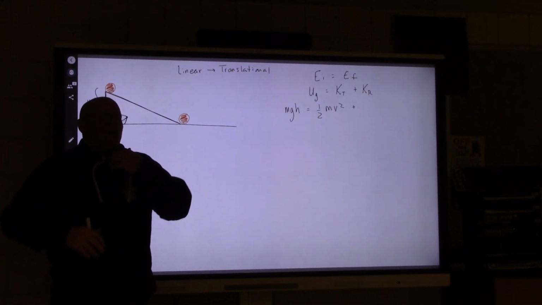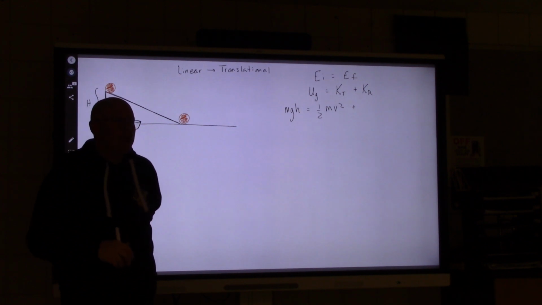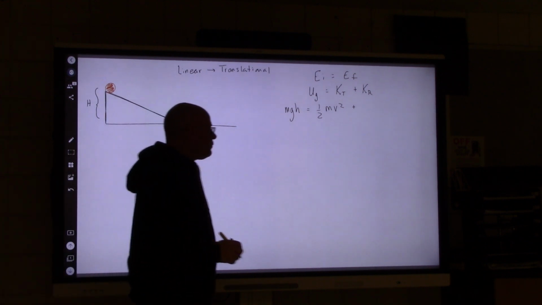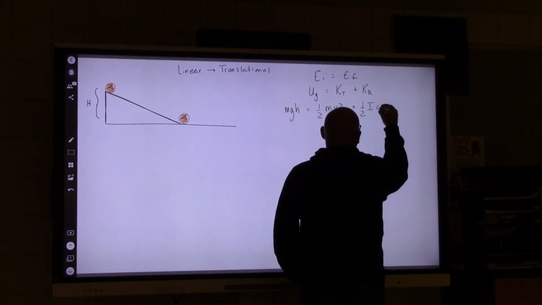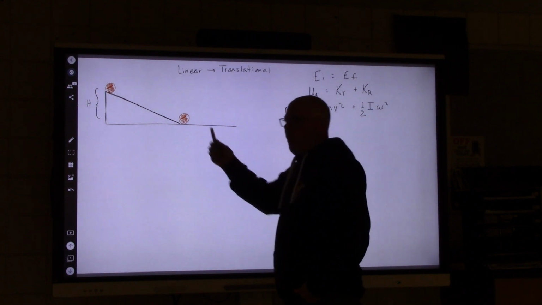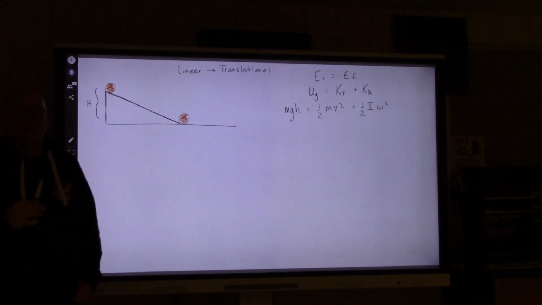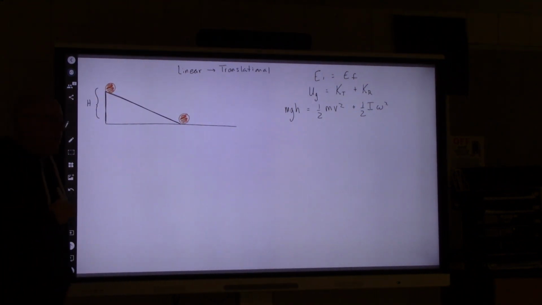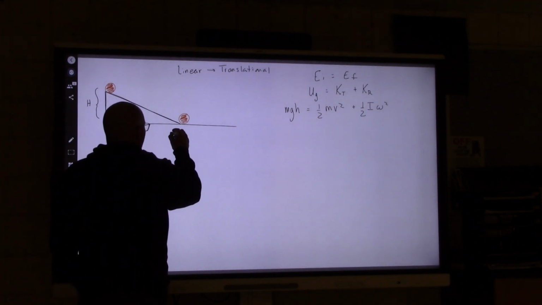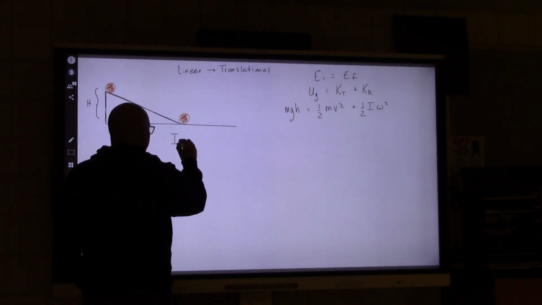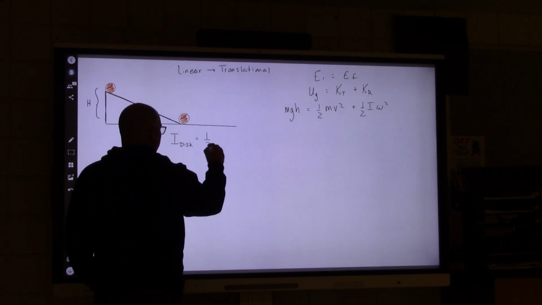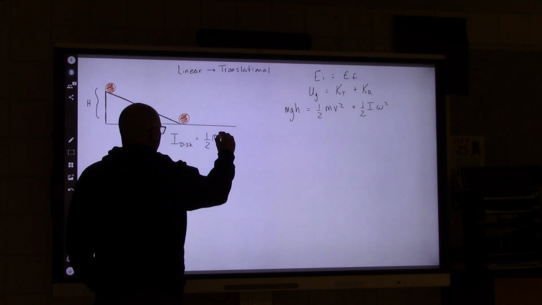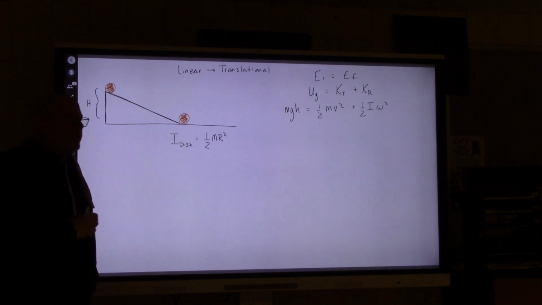So what do you think the equation is for rotational kinetic energy? 1/2 I omega squared. Fantastic. What is our object? It's a disk, right? So the rotational inertia for a disk is equal to 1/2 m r squared. Okay?